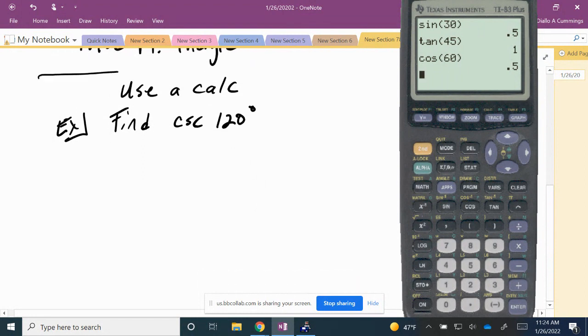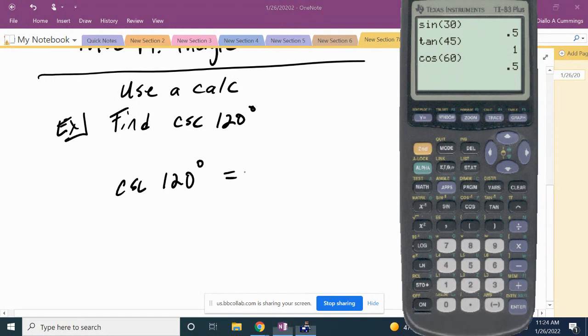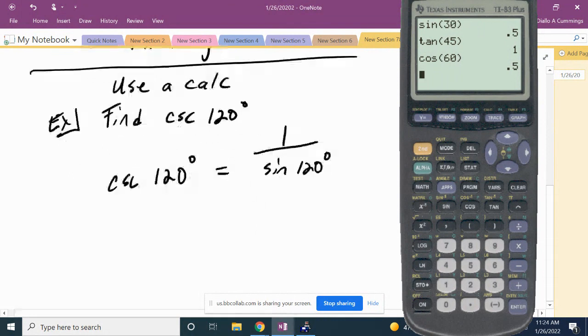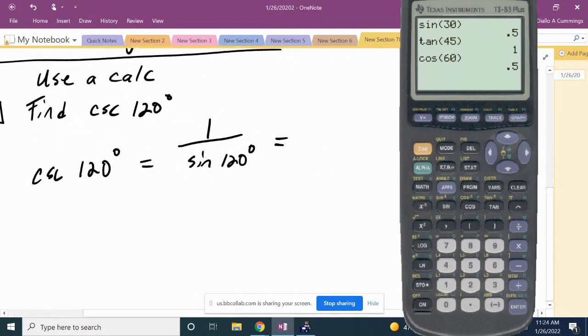Okay, so I'm going to just make my directions here. We're going to use a calculator. I'm going to write this out as the cosecant of 120 degrees. I'm going to write that as 1 divided by the sine of 120 degrees. Okay. And I'm going to put 1 divided by the sine of 120 degrees into the calculator.